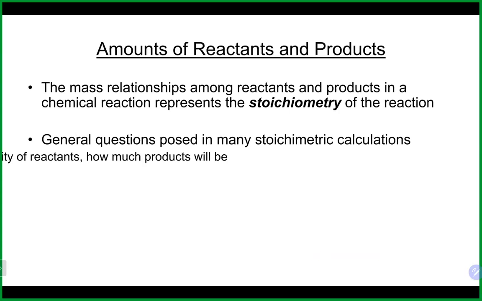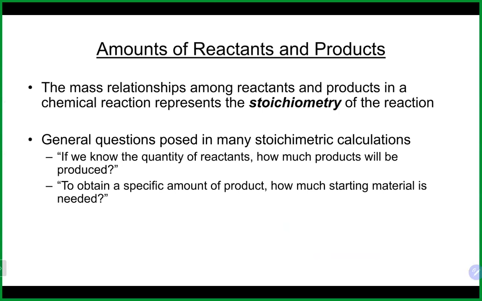Sometimes people get really freaked out about stoichiometry, but it really is nothing more than a conversion factor. Kind of similar to what we did with the actual formula, where we could use it as a conversion factor, here we use the chemical equation and come up with some relationships that will allow us to go from one thing in the reaction to something else.